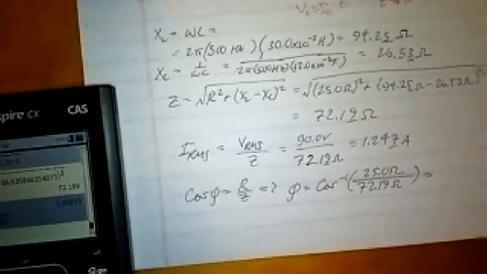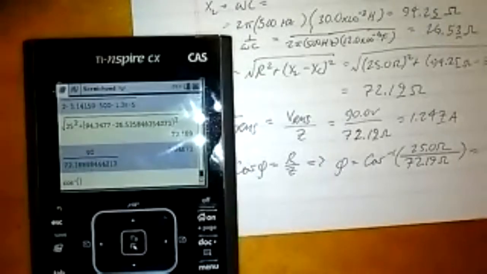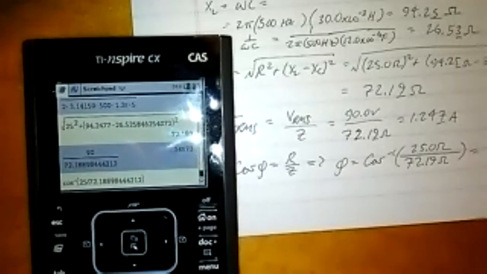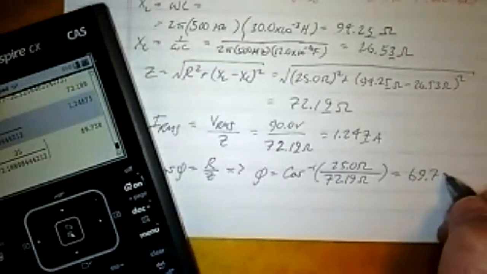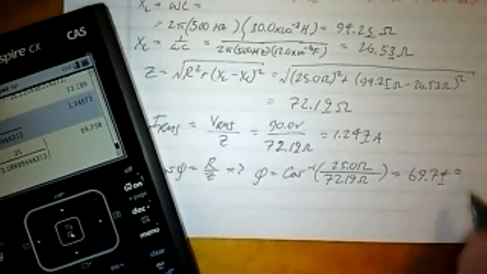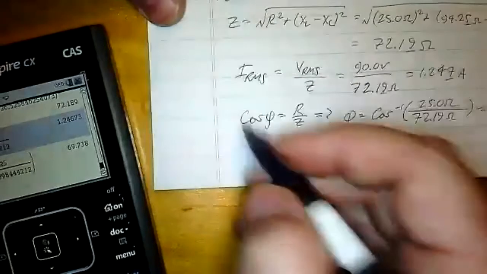So I'm going to do trig function cosine inverse of 25 divided by 72.19, noticing I am in degree mode. And that gives me 69.74 degrees.